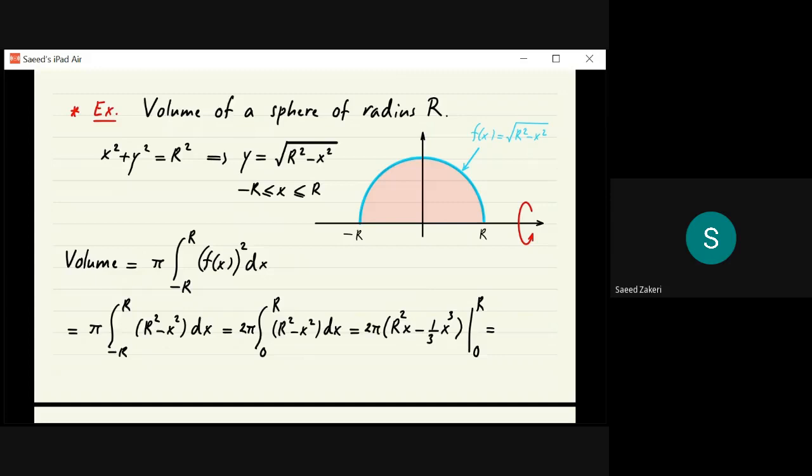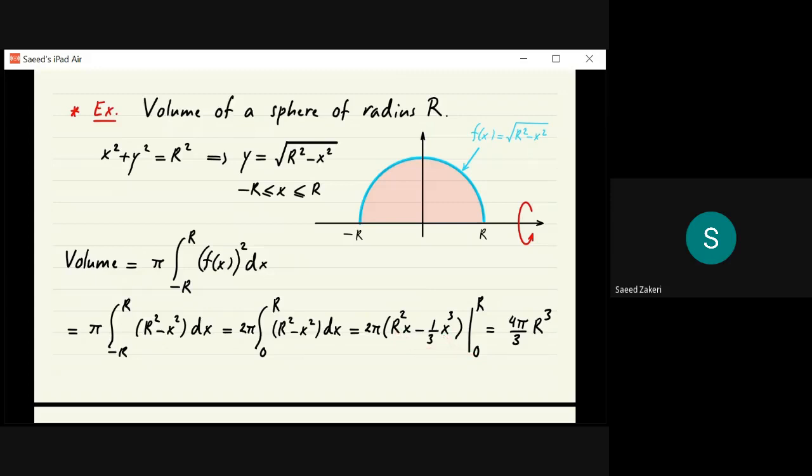So 2 pi times r squared x minus 1/3 x cubed. So now I plug in r. I get r cubed minus 1/3 of r cubed. That's 2/3 of r cubed times 2 pi. That's 4 pi over 3 r cubed. At 0, I get nothing, so I don't bother with that.